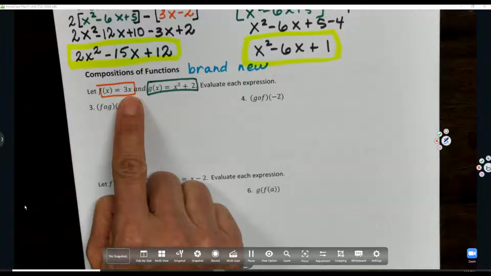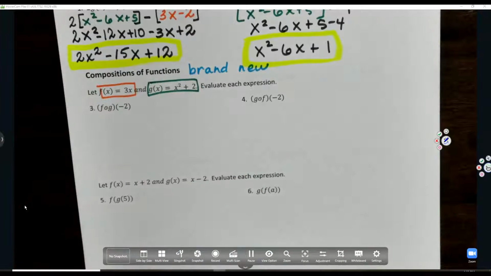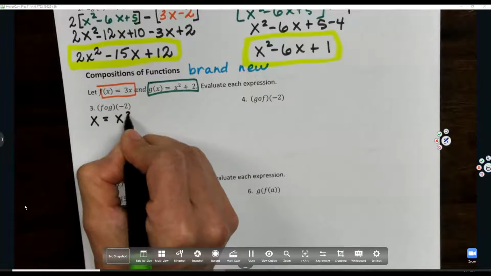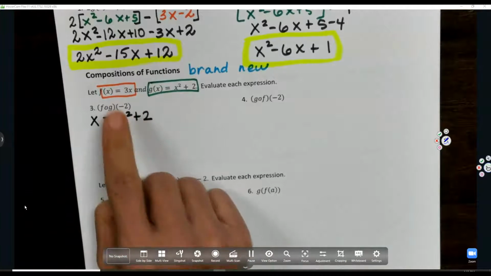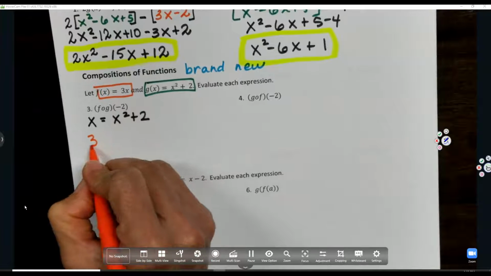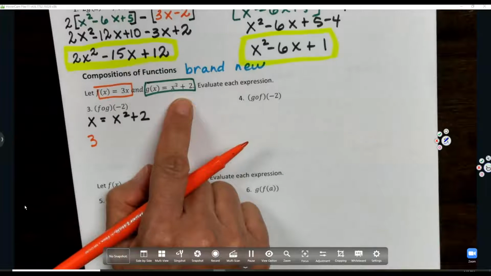So every time I see the letter x, that's the substitution. So x is going to equal x squared plus 2. So when I begin writing f of x, there's a 3 there, but look what's next. Just the letter x. Every time I see the letter x, the other one gets written for it.